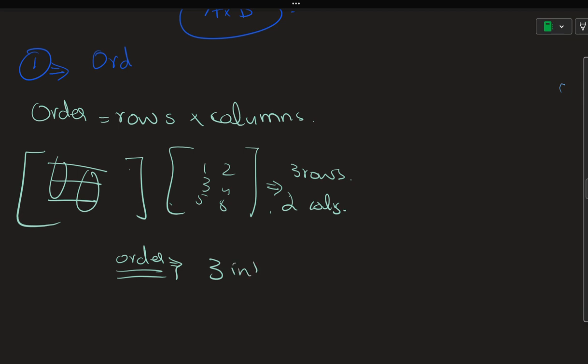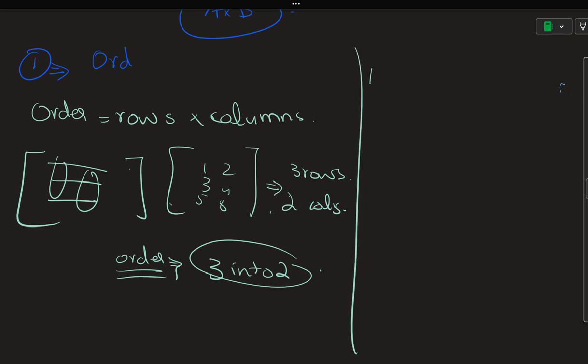For multiplication, you have to keep this in mind: suppose for matrix A you have order m cross n, and for matrix B you have order n cross p.